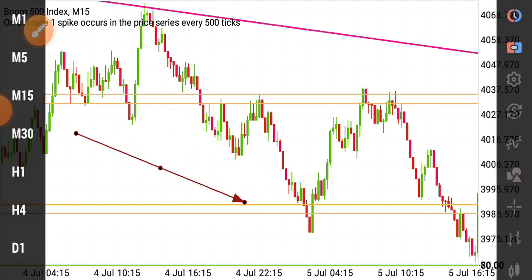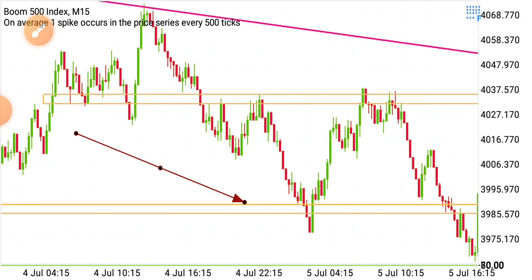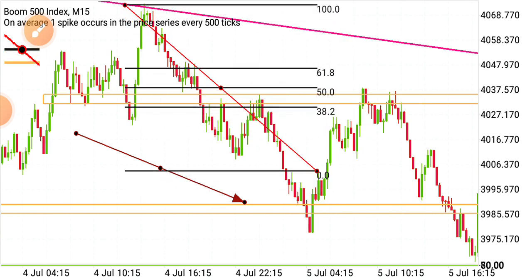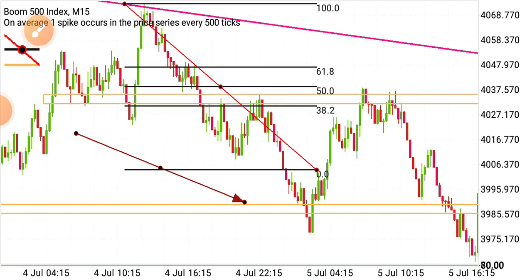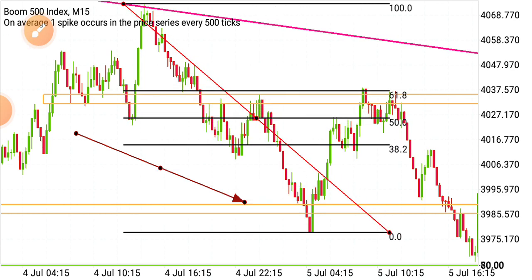So what I did was to bring up my Fibonacci tool. Since the market is descending, I have to draw the Fibonacci tool downwards. So I drag it down, put the 100 mark level at the top of the swing, then drag the 0 level down to the bottom of the swing.